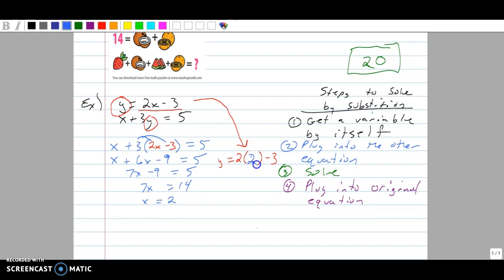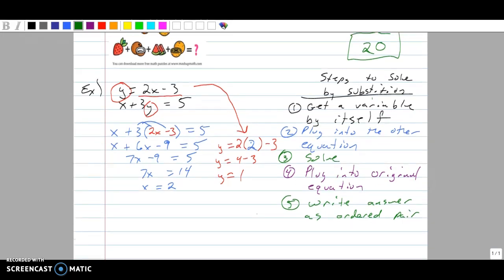So I'm going to plug in 2 for x, because that's what we found from this original thing. Go ahead and solve again. So we have y is equal to 4 minus 3, which is 1. And that brings us to our final step. We're going to write the answer as an ordered pair.